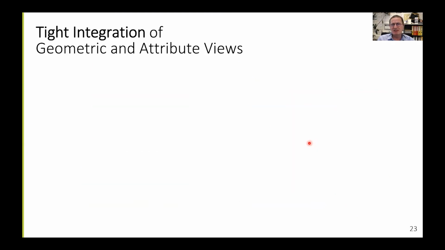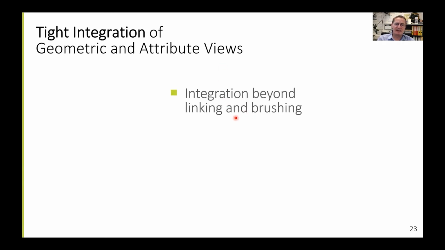So this means that you would need a more integrated interaction where the selection leads to a viewpoint selection, for example. A tight integration of geometric and attribute views is necessary, where you don't do just linking and brushing. The integration has to go beyond that.